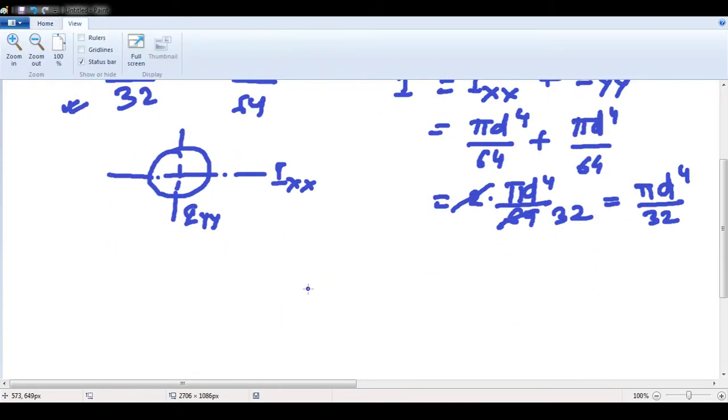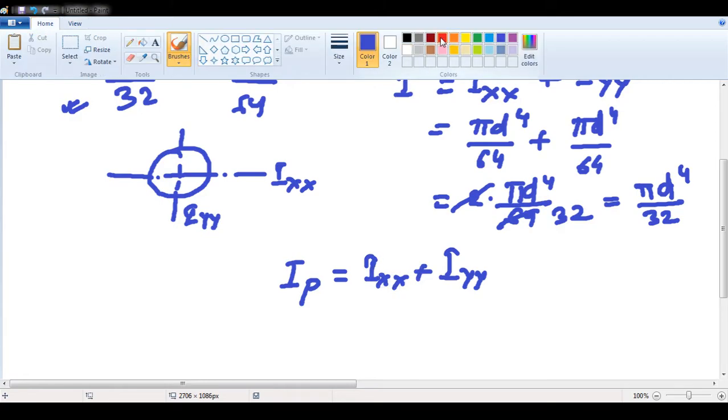So here you first have to write what? The polar moment of inertia. Polar moment of inertia is nothing but the inertia about the x-axis plus the inertia about the y-axis. So when we put in the values, we know the moment of inertia about the polar axis for any circular body is pi d4 by 32.